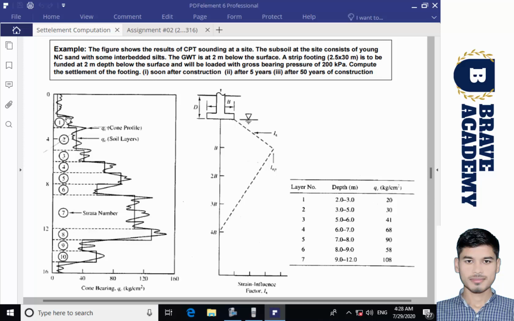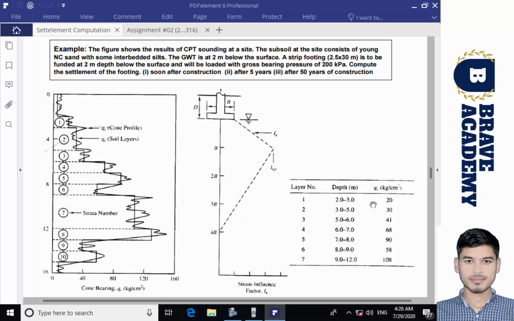This is called layer 1, and approximate it as a straight line and name it as 2, and this as 3, this as 4, and here the cone penetration resistance increases. This is 5, and here the cone penetration resistance is low, and from here to here name as 6, and similarly name the layers at which the cone penetration resistance is approximately lying in the same range.